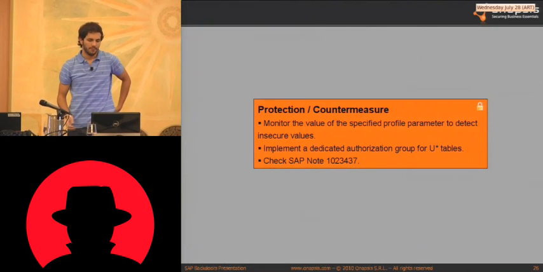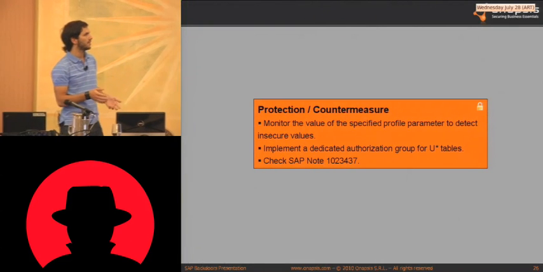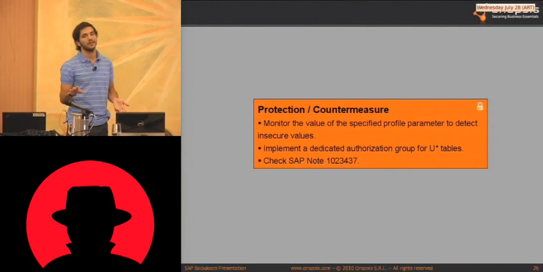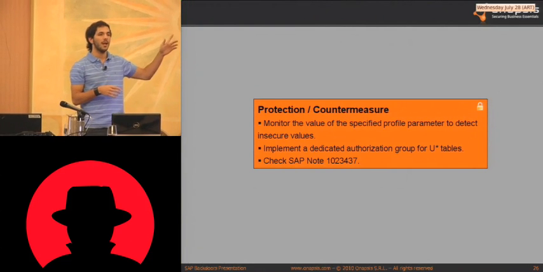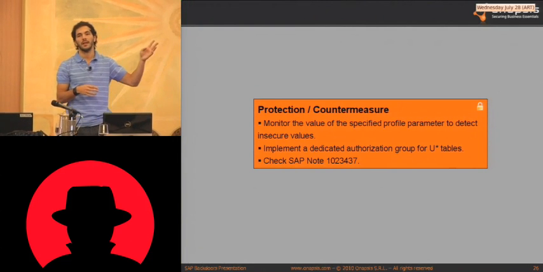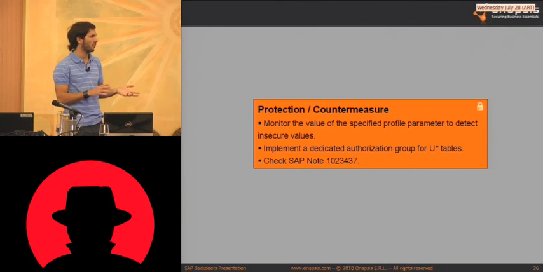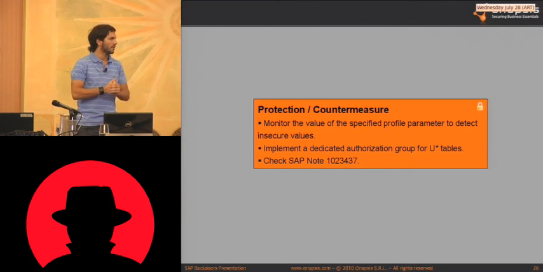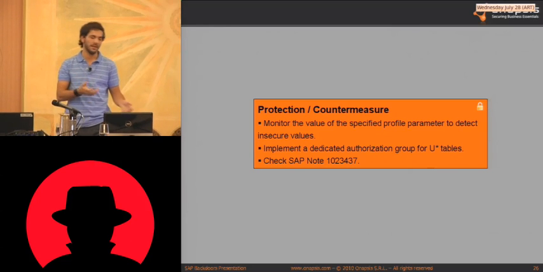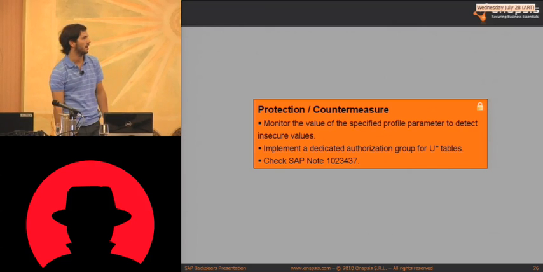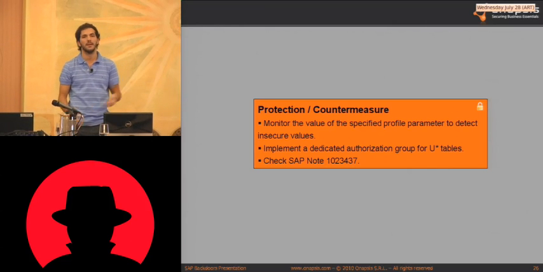So, protection and countermeasures against this. There shouldn't be any reason at all why you have this value set to 3 or to 4. Okay? It is supposed to be just for test purposes. I don't know why 4 is there, but 3 is for test purposes. So you should keep monitoring that value and make sure that the parameter never gets that value.